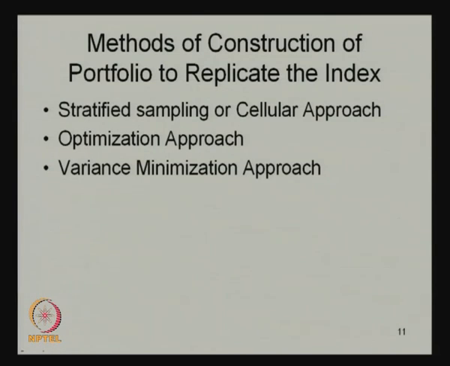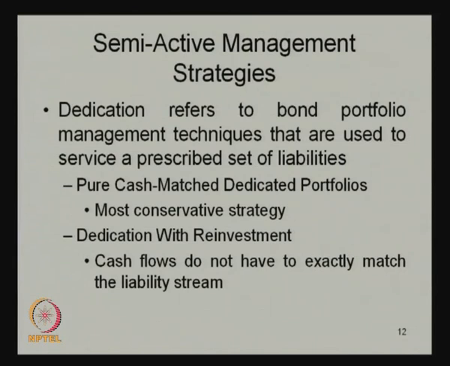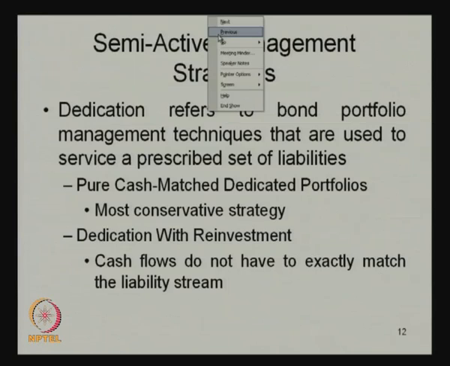The optimization approach and the variance minimization approach are more or less the same. In the first case we are optimizing the return, in the second case we are minimizing the variance or the risk we are facing.